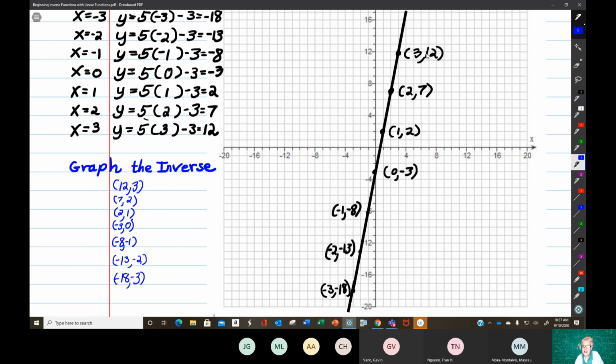So for instance, this point reverses, and instead of being (3, 12), it becomes (12, 3). And (2, 7) becomes (7, 2). And (1, 2) becomes (2, 1).